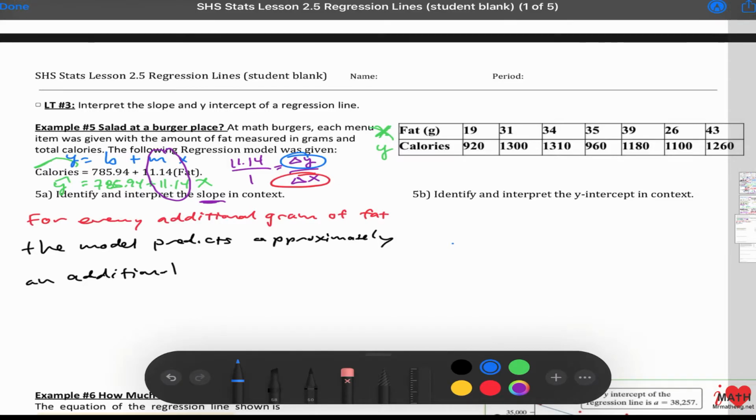What does the y represent? The y represents calories. Additional 11.14 calories in the math food.